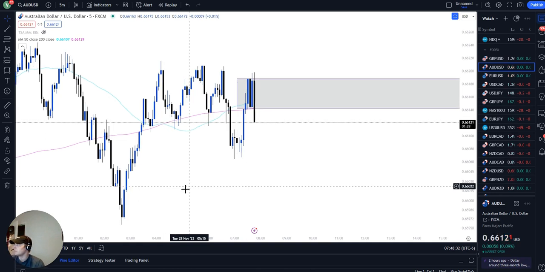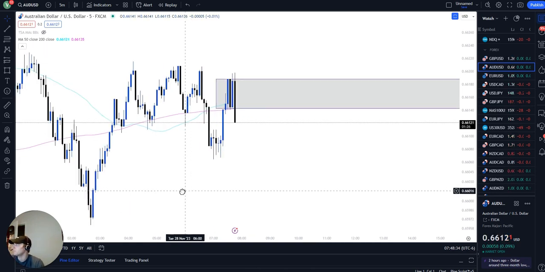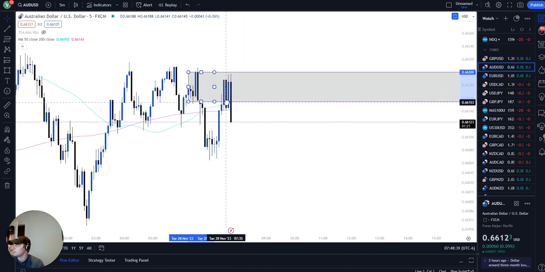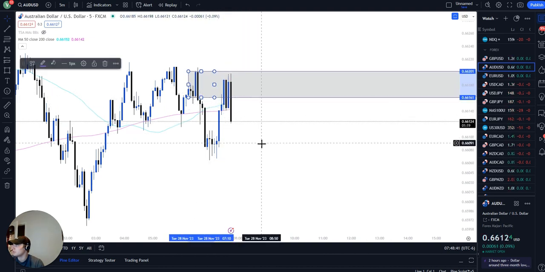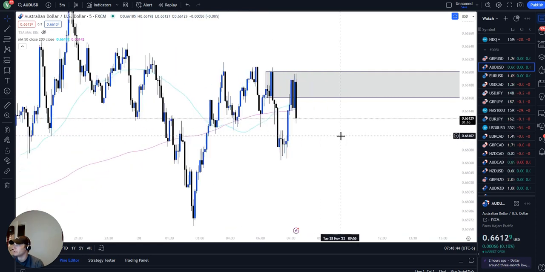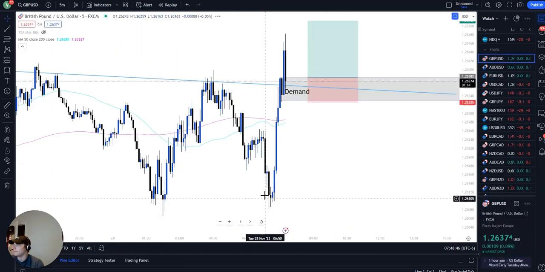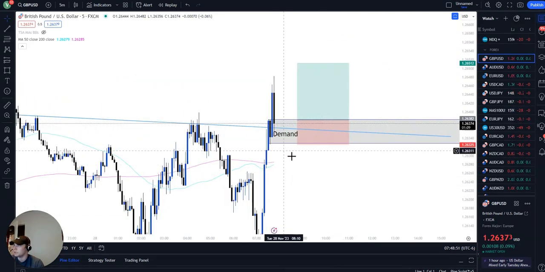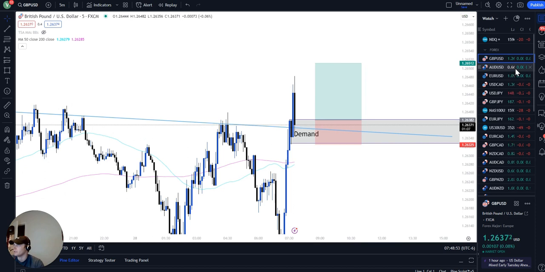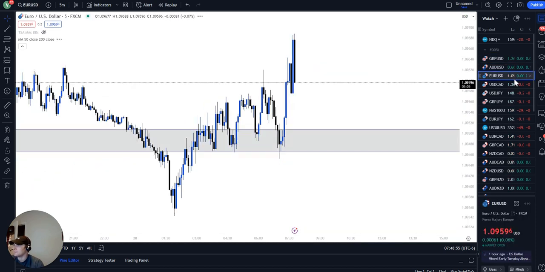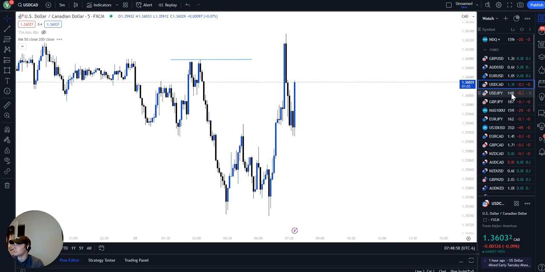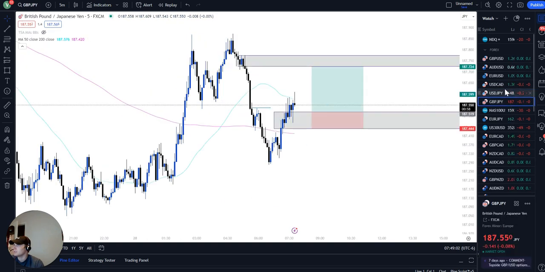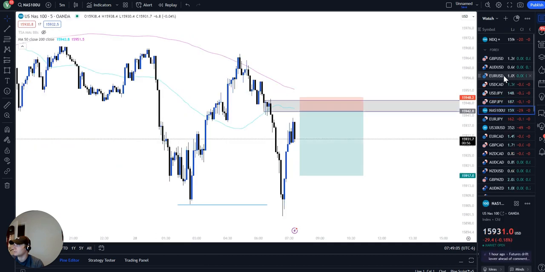All right, y'all, price acting a little weird today. This is the supply on AU. Really, the supply was up here, and it's reacting off of that, but it just created another supply. GU like flew and created this demand, which I liked, but this bearish momentum I'm not liking really. Yeah, this is looking like it's gonna go back down.